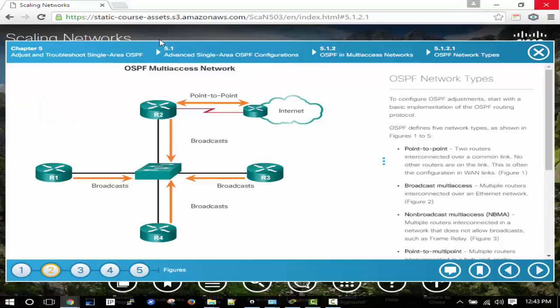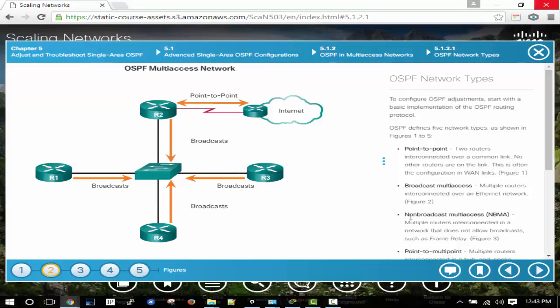Alright, so then we go to point to point, or multi-access network, right? And this is a broadcast multi-access. What does that mean? It means we're going over Ethernet and we have these high bandwidths where we still can have broadcasts. And so this is going to have a different dead time by default. Maybe you guys remember that.